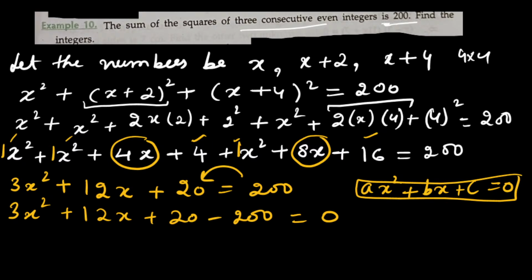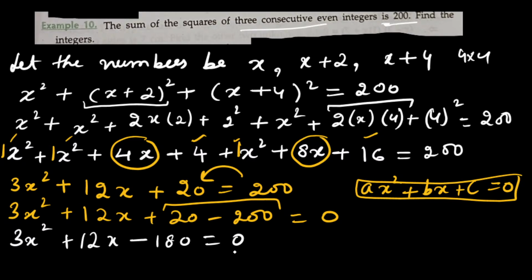Now again like terms we can simplify. So I can write it as 3x square plus 12x, plus 20 minus 200, which is minus 180, equals to 0.